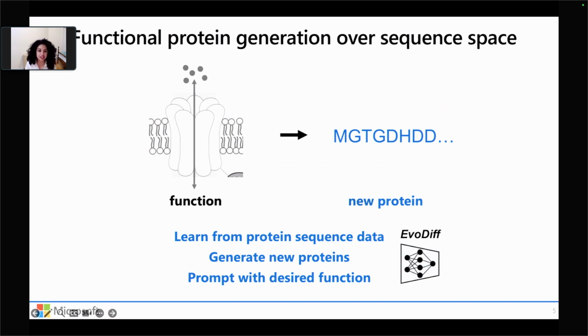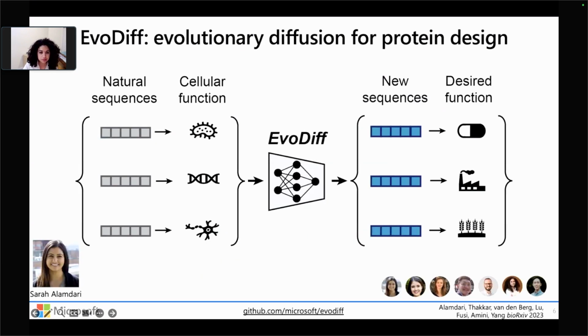And we designed a generative model called EvoDiff that gives us a foundation for doing exactly this, by learning from large-scale protein sequence data to generate new proteins, and eventually moving towards the ability to prompt the model with desired function to meet desired goals.